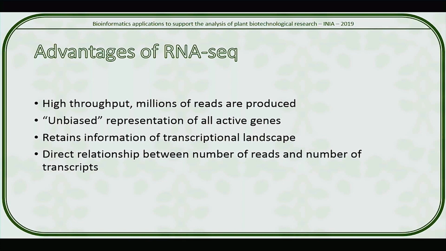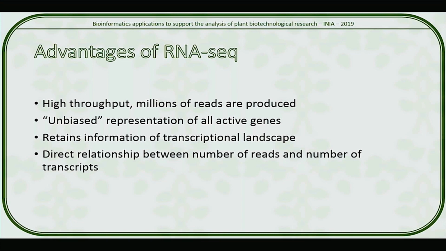The same thing happens with the genes. And so this unbiased is quote unquote, because it gives you a representation of all active genes, but there are parts of the genes that are not going to be really represented because of their GC composition.